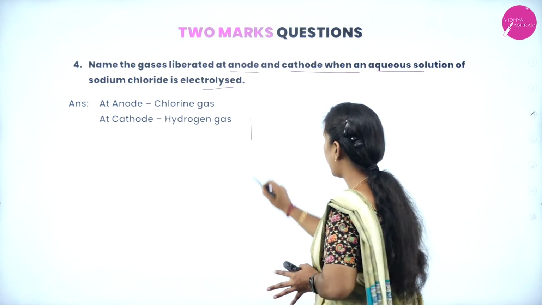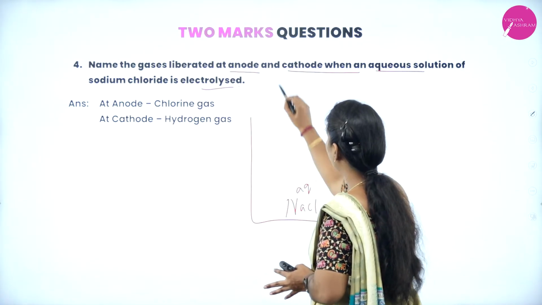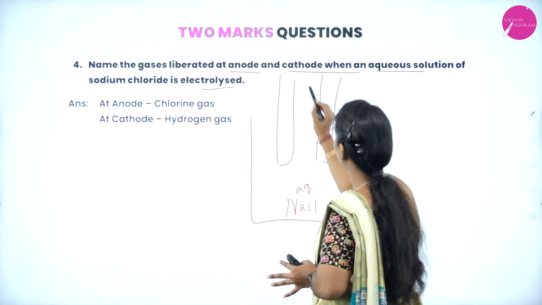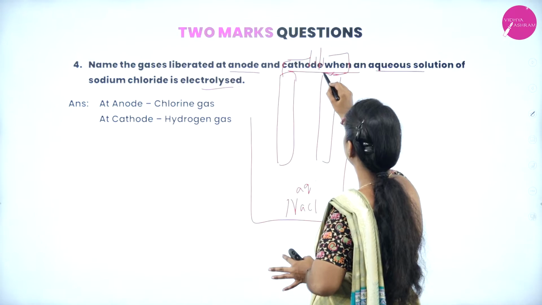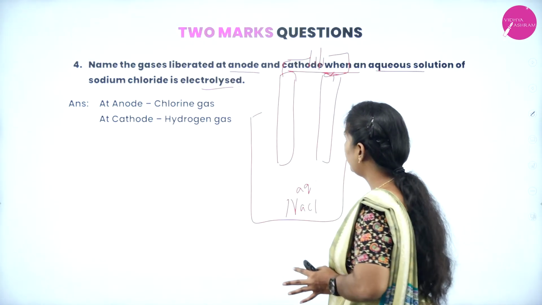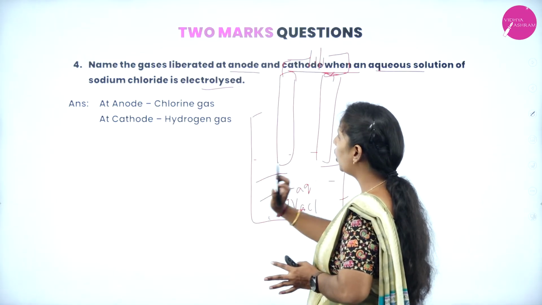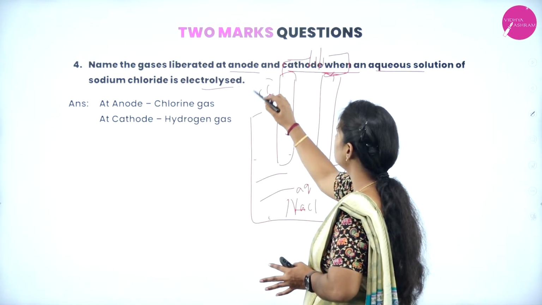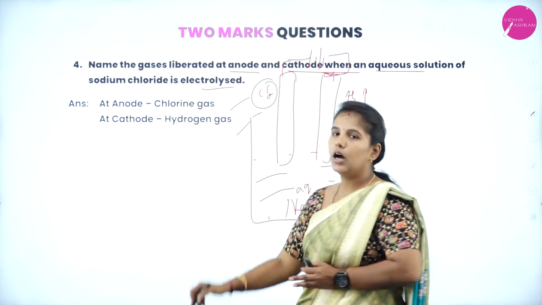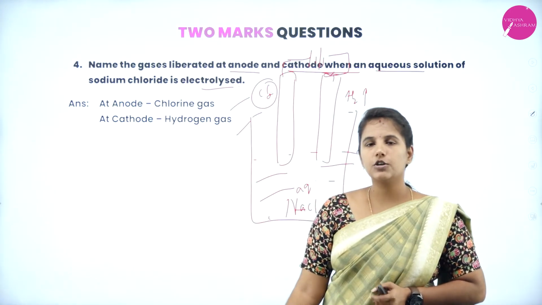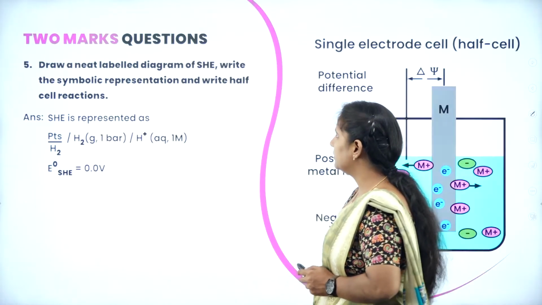If you take the aqueous solution of sodium chloride and place the 2 electrodes, and now if you electrolyze, at the anode chlorine gas is always liberated, and at the cathode hydrogen gas will be liberated. Like this, the question will be asked in your second PUC examination.